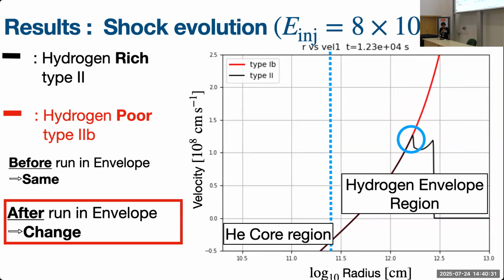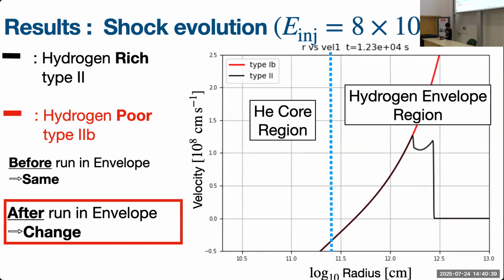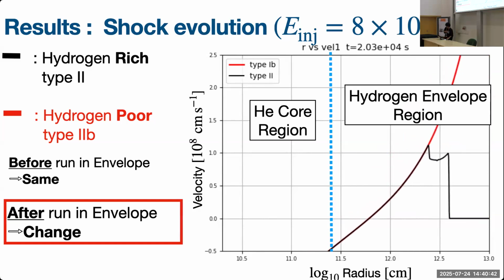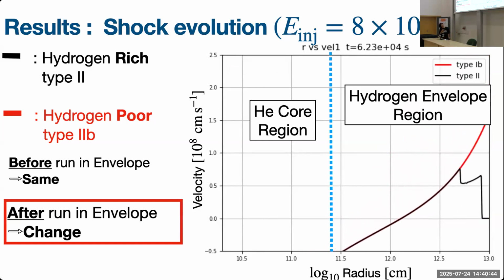After the shock runs into the envelope, the shock structure changes. As time continues, this reverse shock falls toward the center, its velocity decreasing to 0 centimeters per second, and the reverse shock falls to the center.